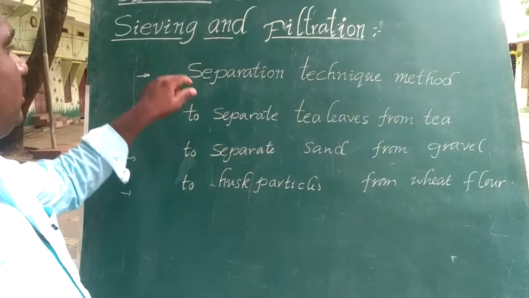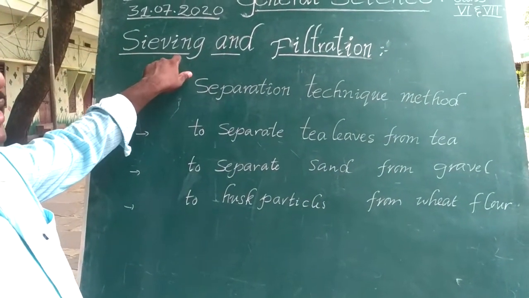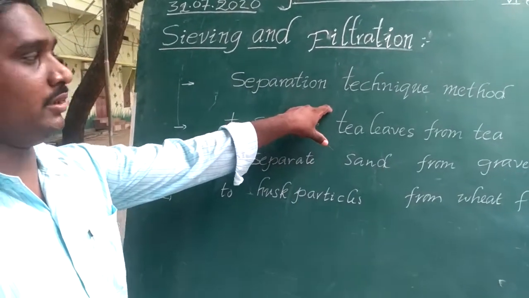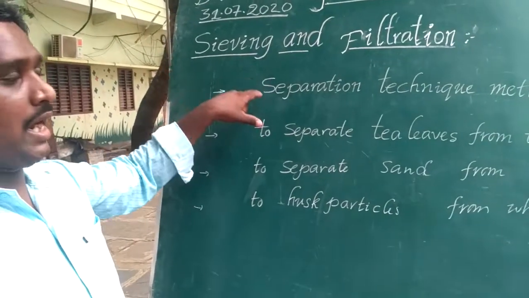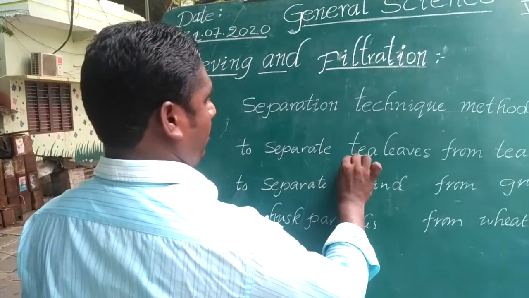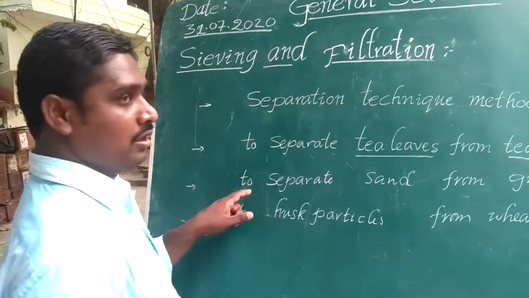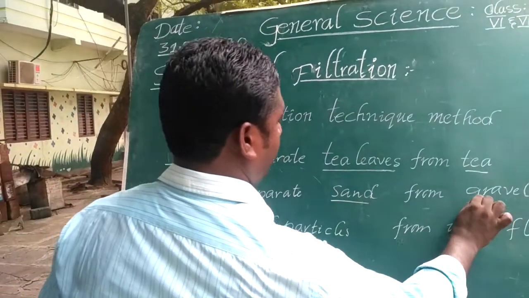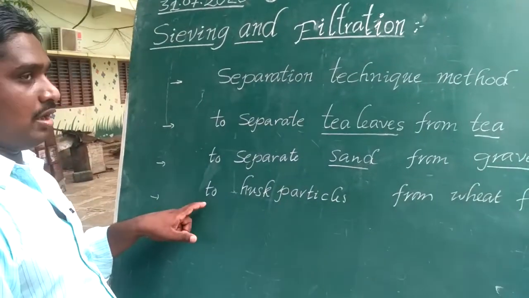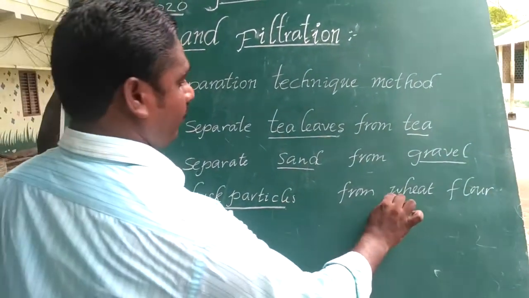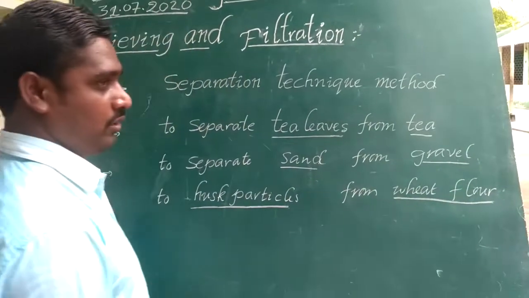Okay students, what is the sieving method? The sieving method is a separation technique method. This method is adapted to separate tea leaves from tea, sand from gravel, and husk particles from wheat flour.